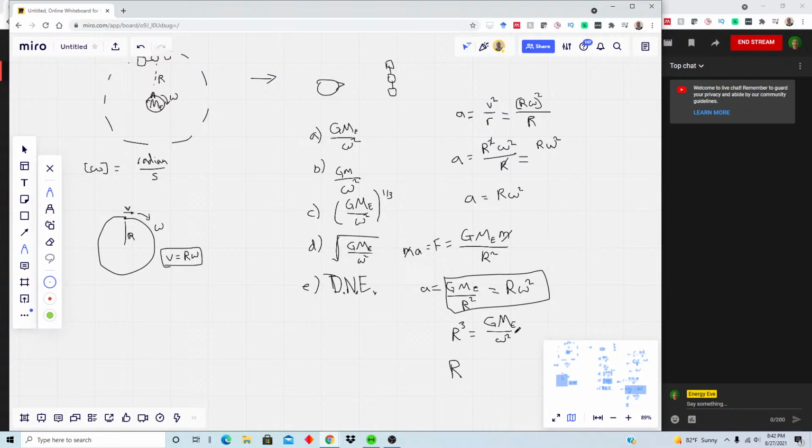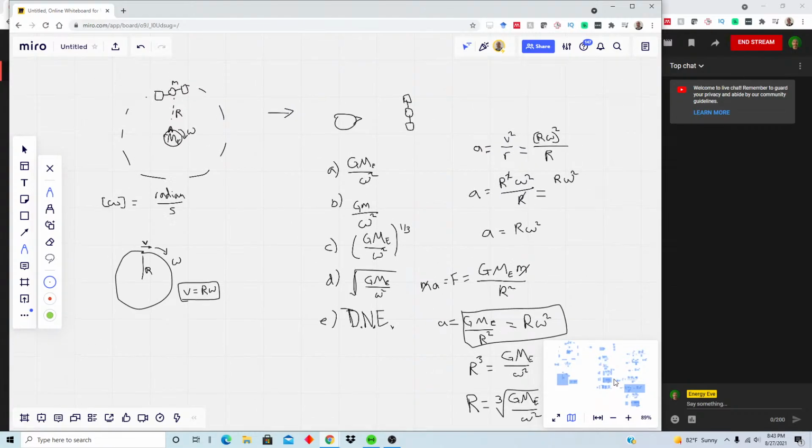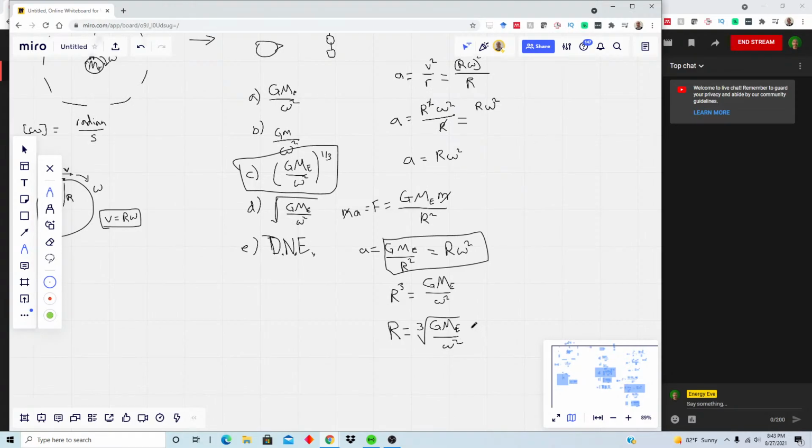And then we take the cube root of this, and we get r is equal to the cube root of G M e over omega squared. And do we have anything like that? Boom! Right here. The answer is C. Coolio, cool beans.